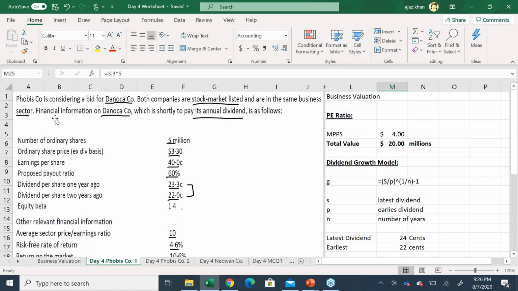Forbes company can go to the stock market and buy a share for $3.3. Why will this company buy it for a higher price than 3.3?